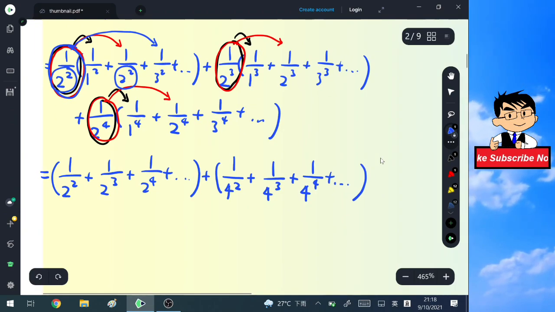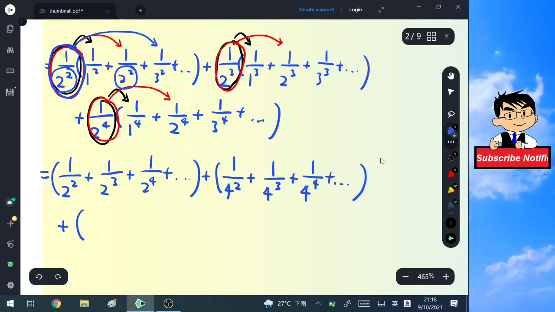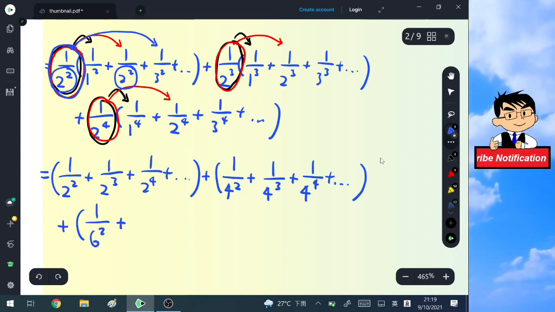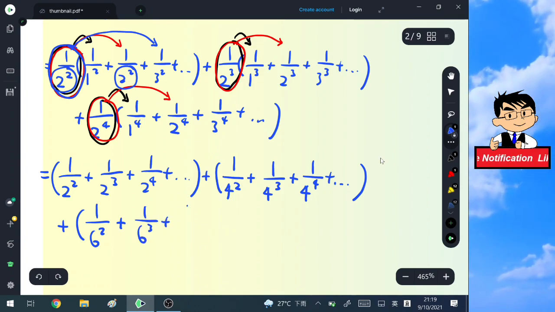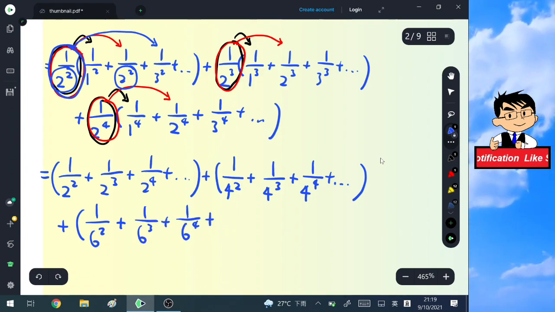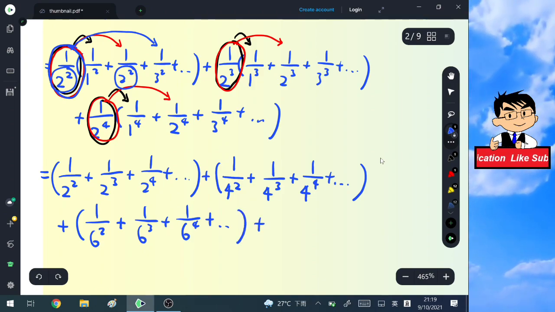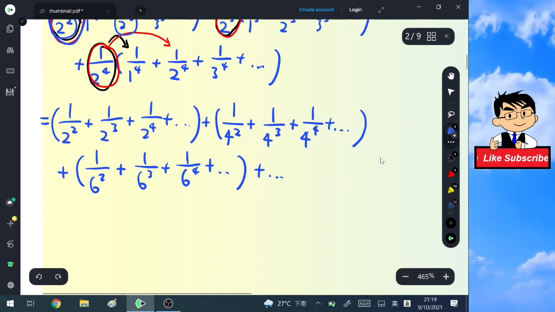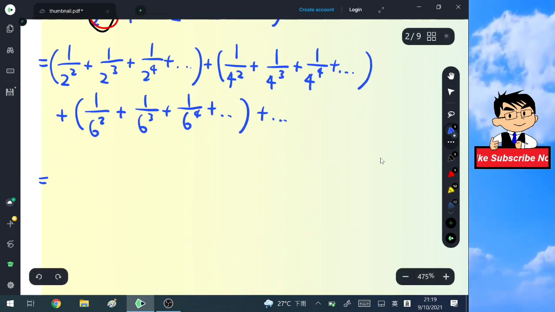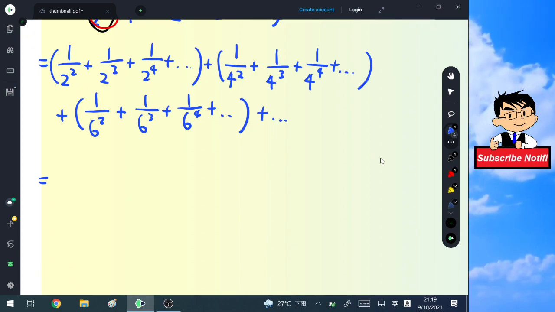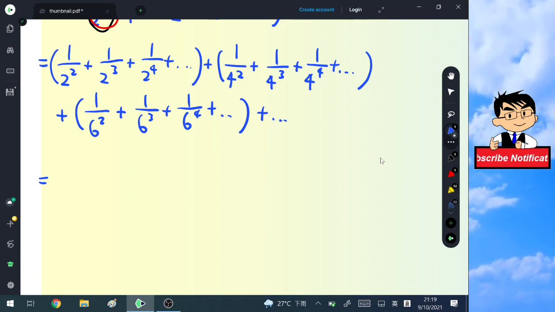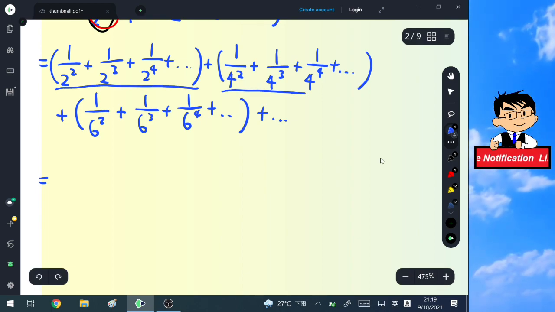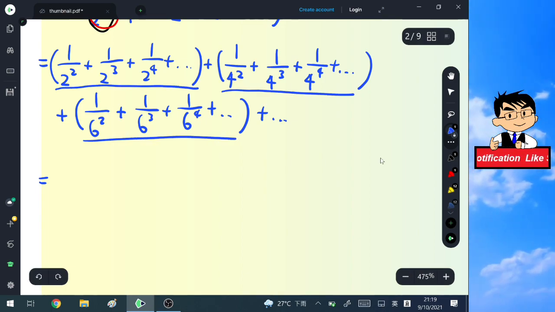So we can extract the base and write it as 1 over 6 squared plus 1 over 6 cubed plus 1 over 6 to the power of 4 plus dot dot dot to infinity. And then we have a similar pattern with the base as the even number. So now we know that we have an infinite sum with 2 as the base, 4 as the base, 6 as the base, and so on and so forth.